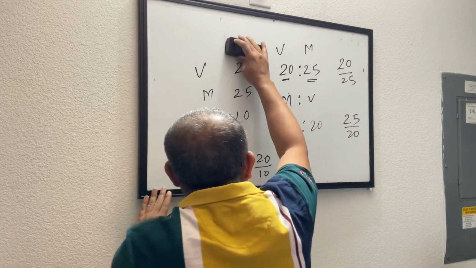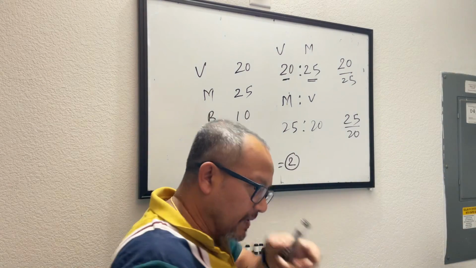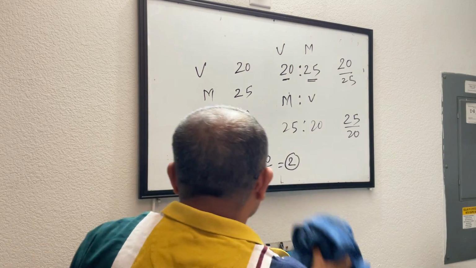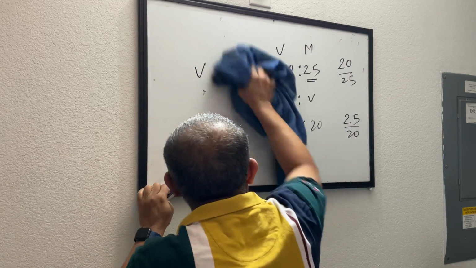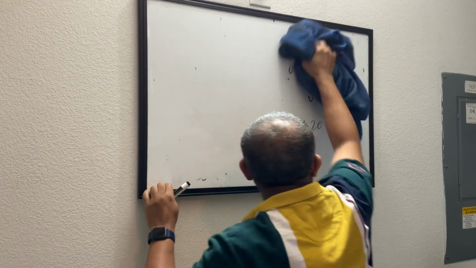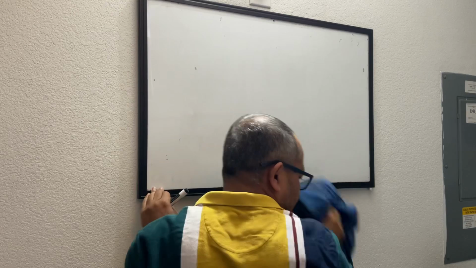Now, what is rate then? Maybe rate would be like the price of something. Price of something, a speed at which you are running, speed at which you are studying, distance versus time.